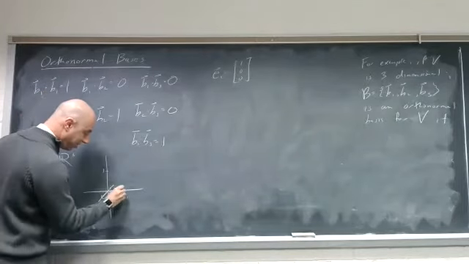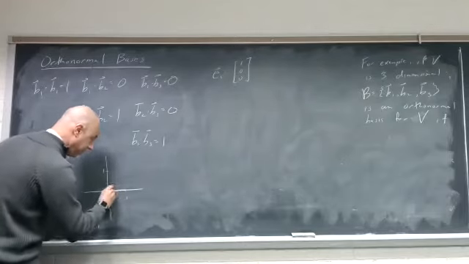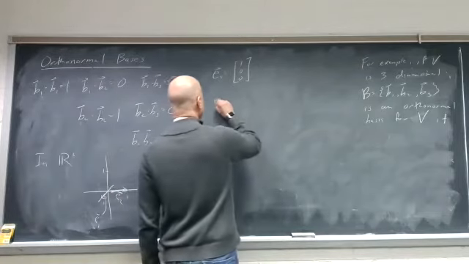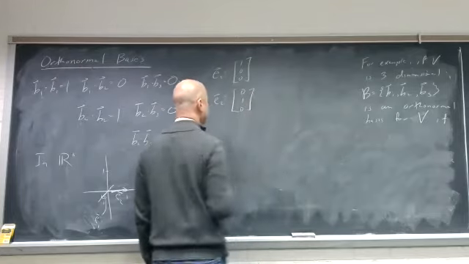The vector E2, there's E1, here's E2, is 0, 1, 0.